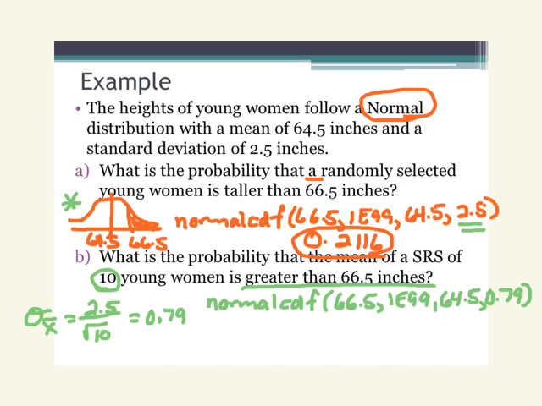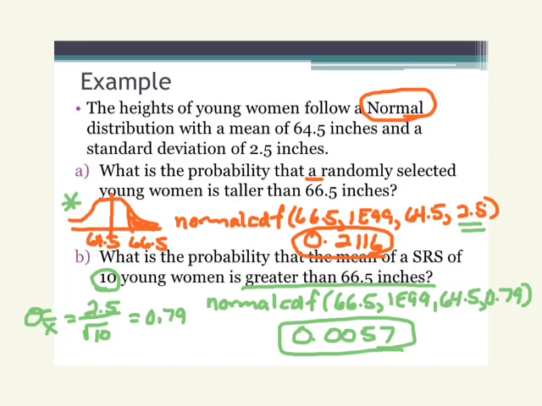Because we know in a sampling distribution that as our sample size increases, it gets less variable, more condensed around the mean, and that's what's happening here. So our probability in this one comes out to be 0.0057. You can see that probability has changed significantly. We shouldn't be surprised by that because of what we know about the sampling distribution. That data is getting less variable, and it's centering itself closer to the mean.